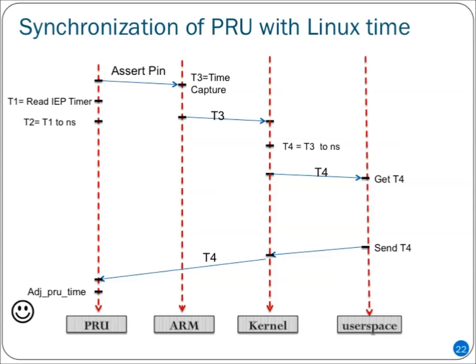Yeah. So you would basically not only timestamp that, but read whatever the timestamp of the other side is, which is contained inside the packet, right? In this particular case, there's no packet exchange. The PRU and ARM are on the same platform.